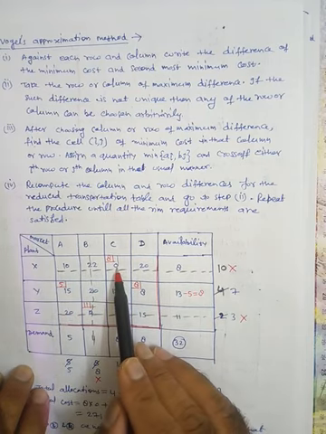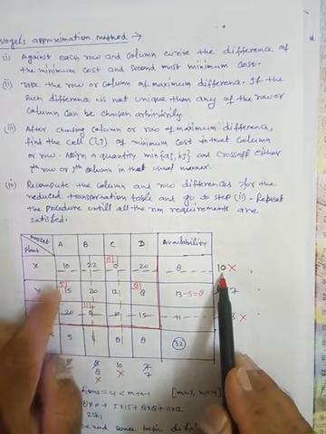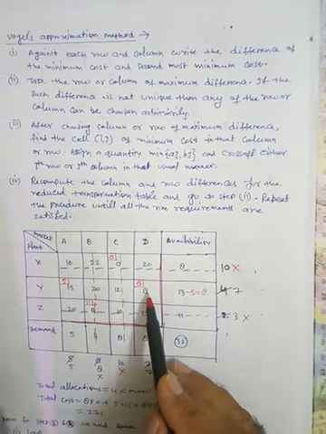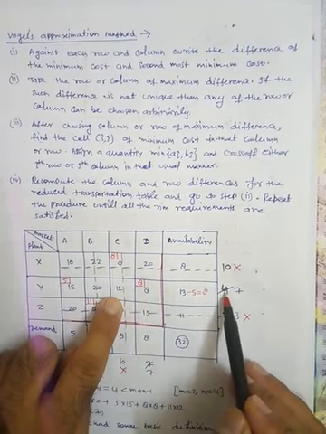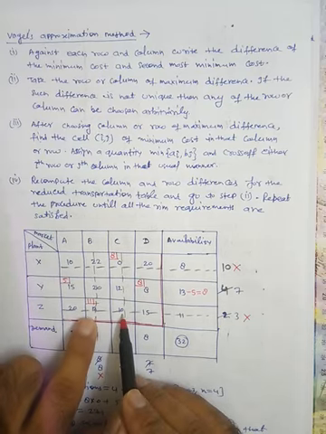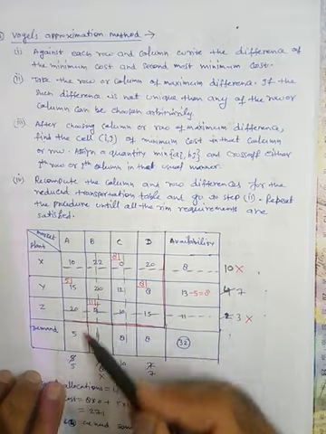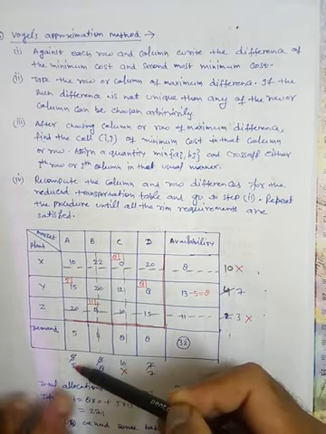Here the least cost is 0, the next least is 10, the difference is 10, so it is written here. Similarly in the second row, 8 is the minimum and the next minimum is 12, so the difference is 4. In the third row, the minimum is 10 and the next minimum is 12, so the difference is 2. Column wise, here we have 10 and 15, the difference is 5.